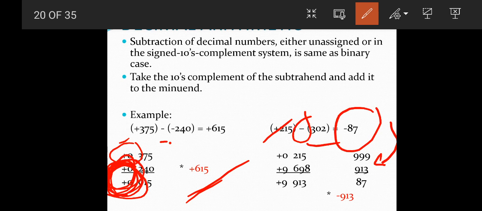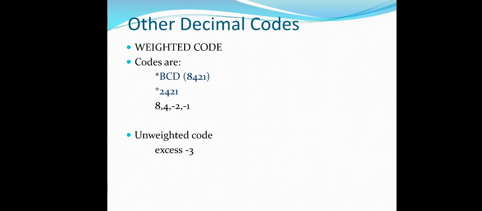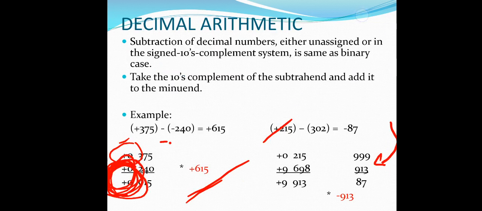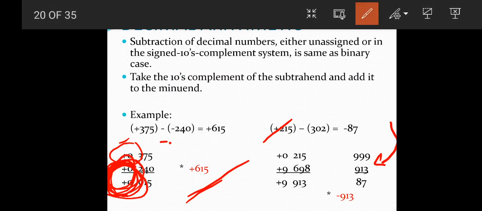But if you're going to get the tens complement of 312, the result will be 688. Then you have to add. The result will be 913.